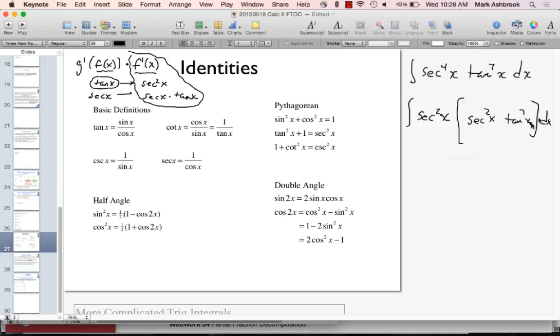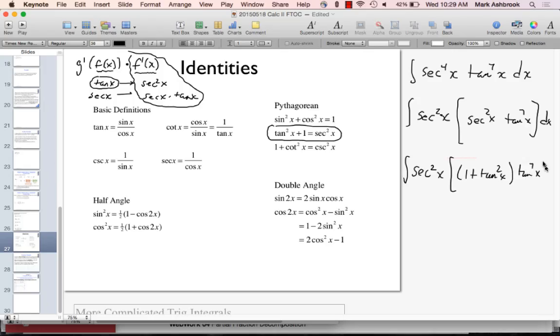Can I write all this as tangents? How can I do that? How can I write secant squared in terms of tangent? Right here, secant squared is tangent squared x plus 1. And then this is tangent to the 7th.